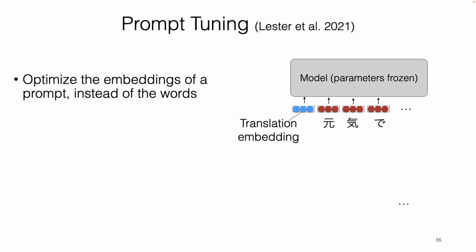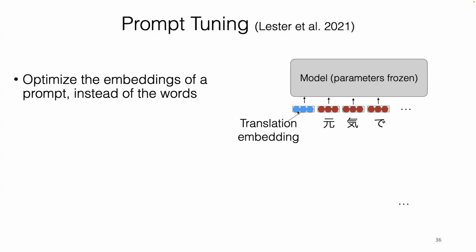So prompt tuning is a continuous method, and you can see here that this is from 2021. Here, let's say you're performing many different tasks with your model. So you're doing translation, you're doing summarization, things like that. Here you have some data that you want to fine tune the model on.